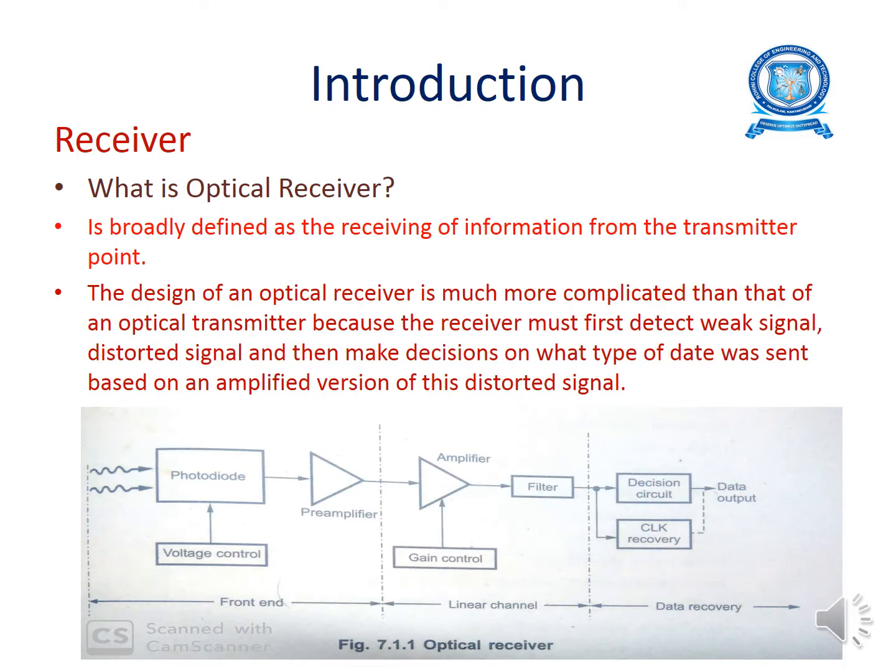So, introduction. What is a receiver? What is an optical receiver? An optical receiver is broadly defined as the receiving of information from the transmitting point or transmitter.